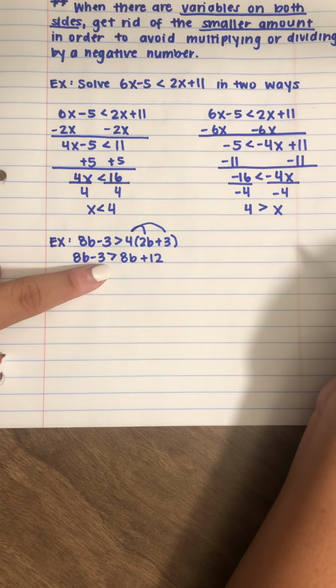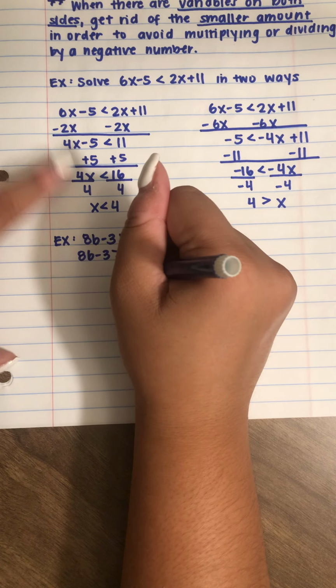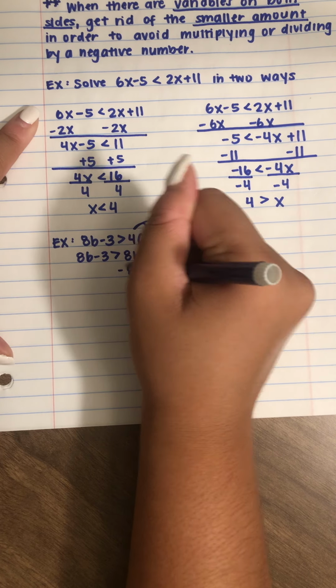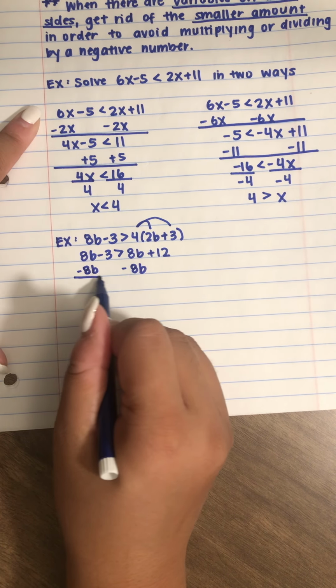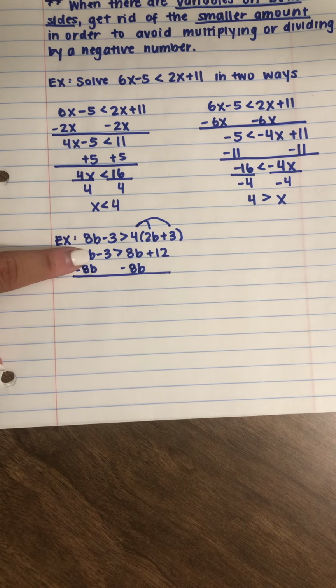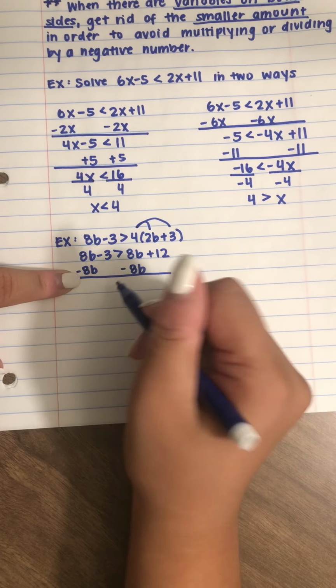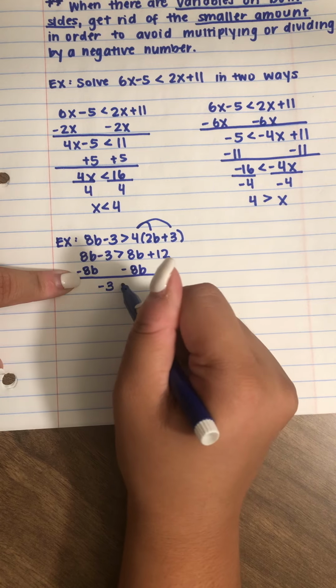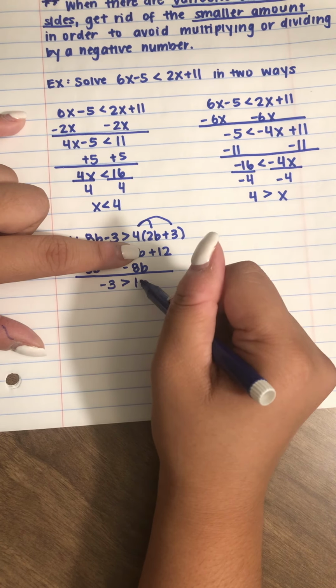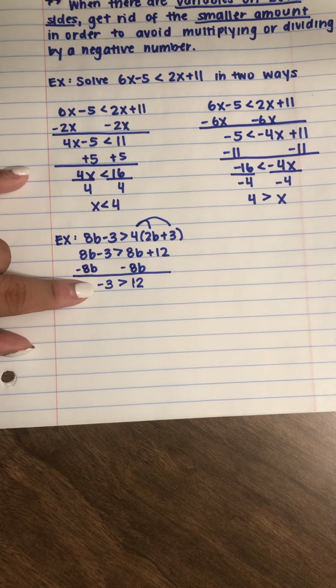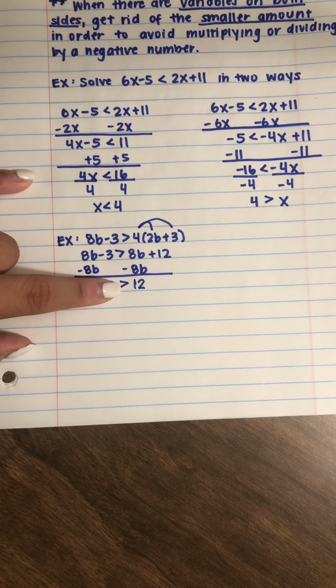I'm going to eliminate my 8b on the right side by subtracting 8b from both sides. These are going to cancel, leaving me with a negative 3. These are going to cancel, leaving me with a positive 12. So negative 3 is greater than 12.